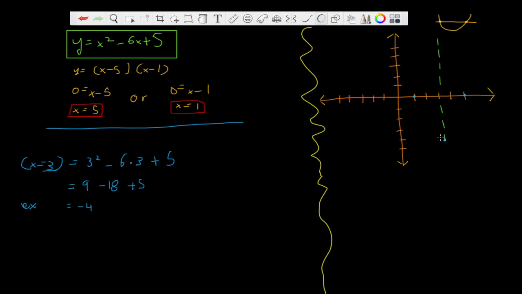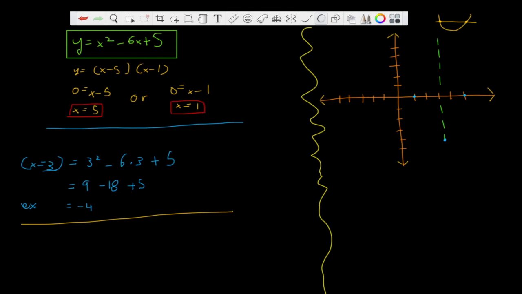And now what we need to know is where the graph will meet the y-intercept. So it's almost the same thing. Let me draw this. But we need to switch the x with a 0, because we want to know where it will intercept if x is 0.